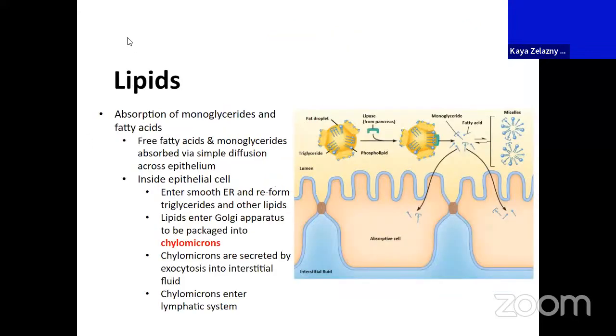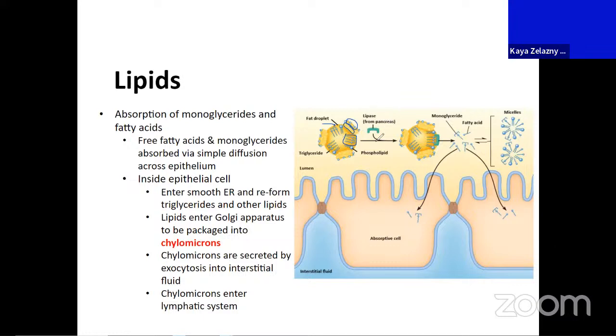Okay, so here's what we're looking at, right? This is the picture from before with our bile salt. This is that hydrophobic region, that hydrophilic region. This is our fat droplet. In our fat droplet, we've got all kinds of lipids, but specifically a lot of triglycerides, right?